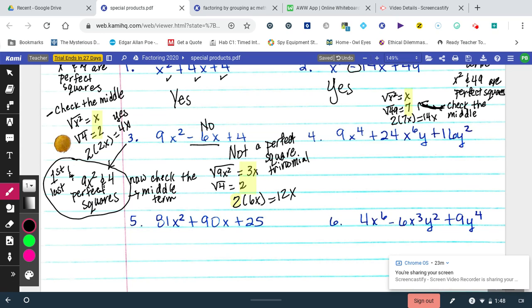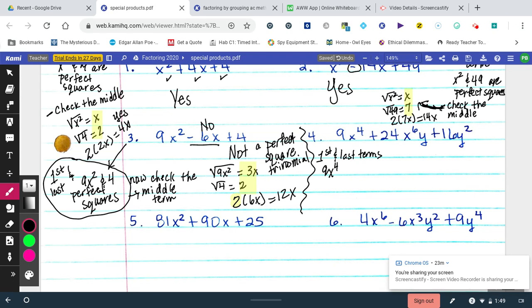Okay, now let's check number 4. All right, number 4. I need to make some separation here. All right, so let's check the first and last term. 9x to the fourth is a perfect square. 9 is a perfect square. x to the fourth is a perfect square because it has an even exponent.